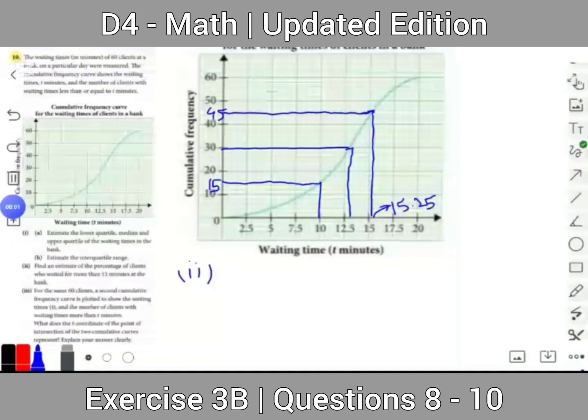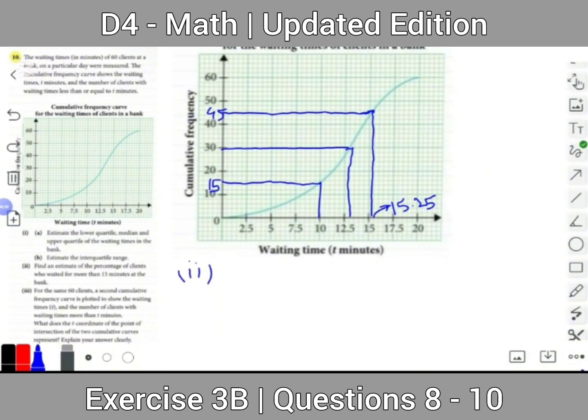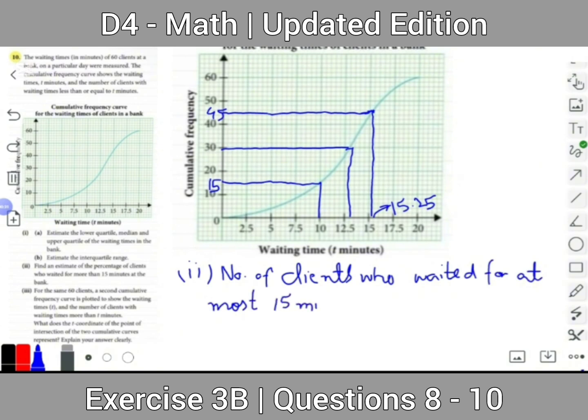To find an estimate of the percentage of clients who waited for more than 15 minutes at the bank. The number of clients who waited for at most 15 minutes can be found from the cumulative frequency curve.